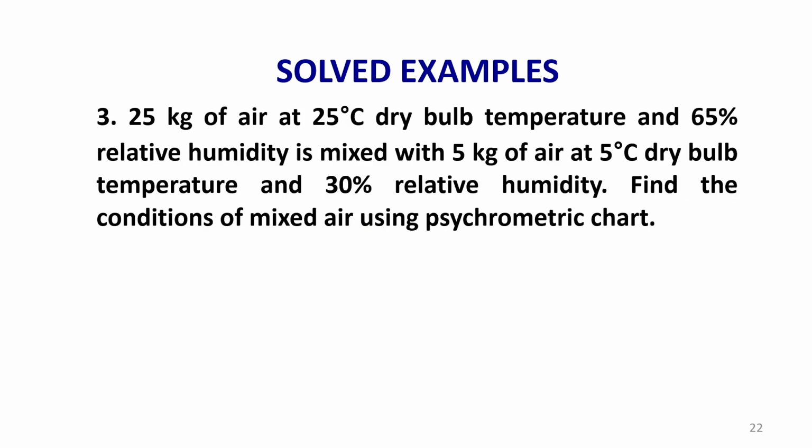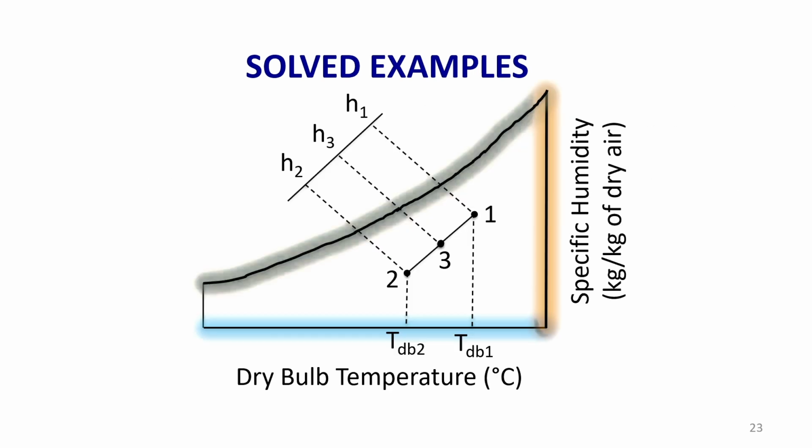25 kg of air at 25 degree centigrade dry bulb temperature and 65% relative humidity is mixed with 5 kg of air at 5 degree centigrade dry bulb temperature and 30%. So, there are two air streams given. Okay. So, we have not seen the psychrometric process related to mixing of air streams.